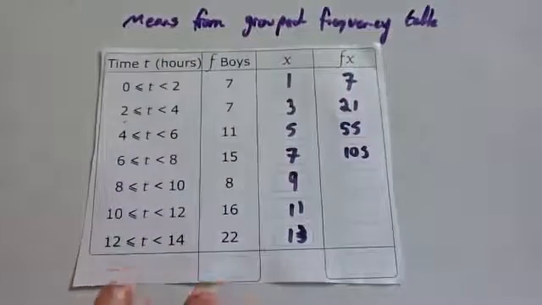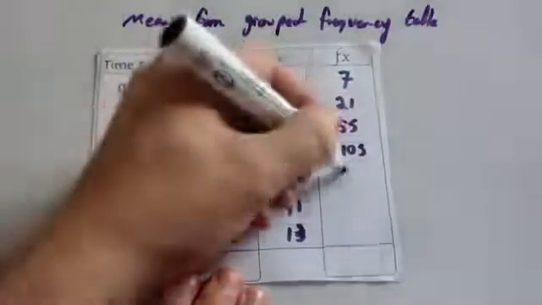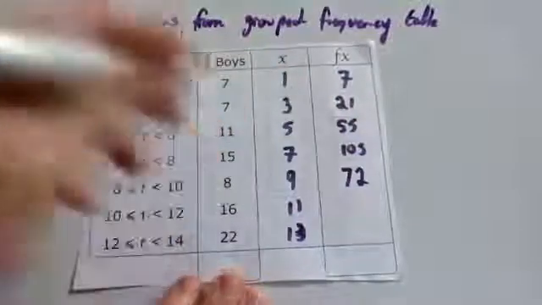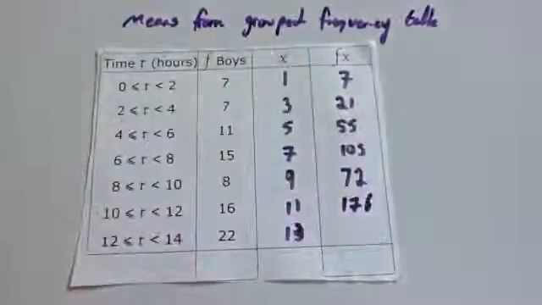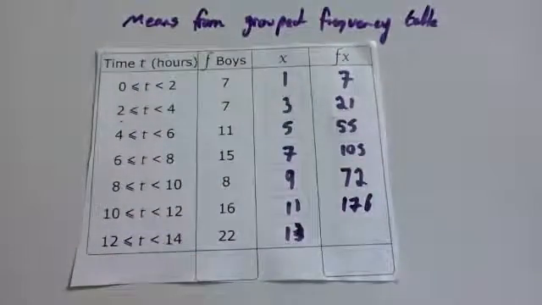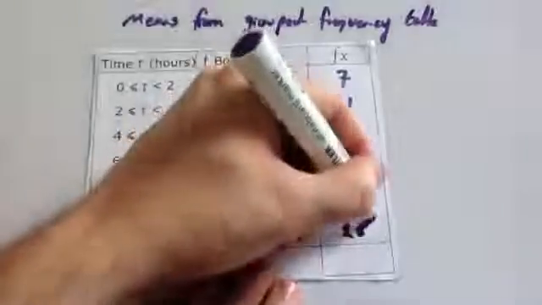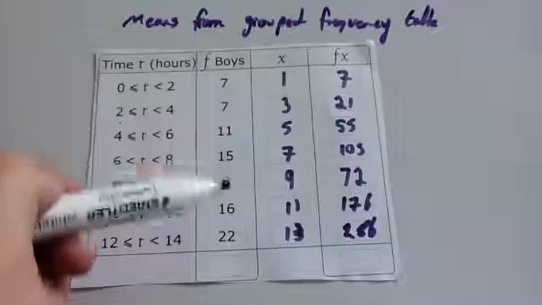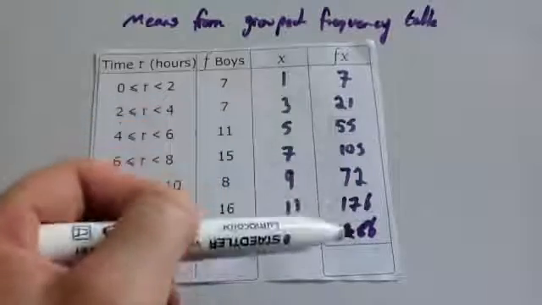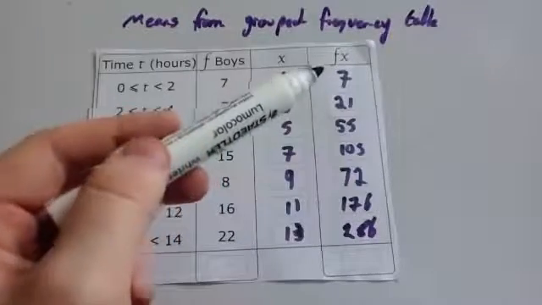You can check that on the calculator if you wish. 8 times 9 is 72. 11 times 16 is 176. And 22 times 13 is 286. So we've said that the midpoint times the frequency gives us the fx column.